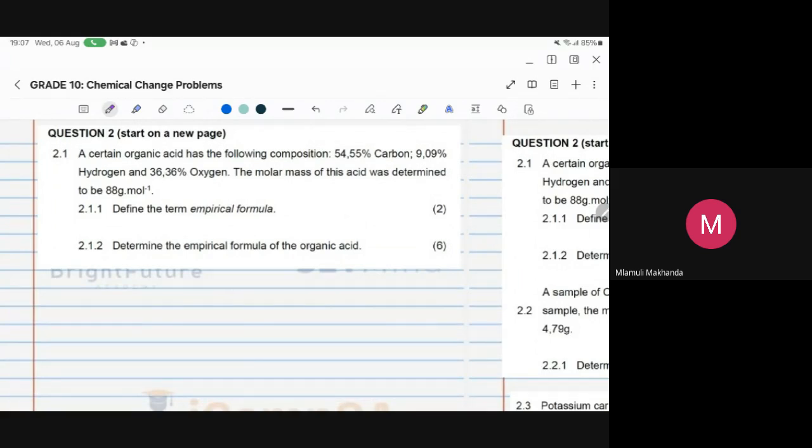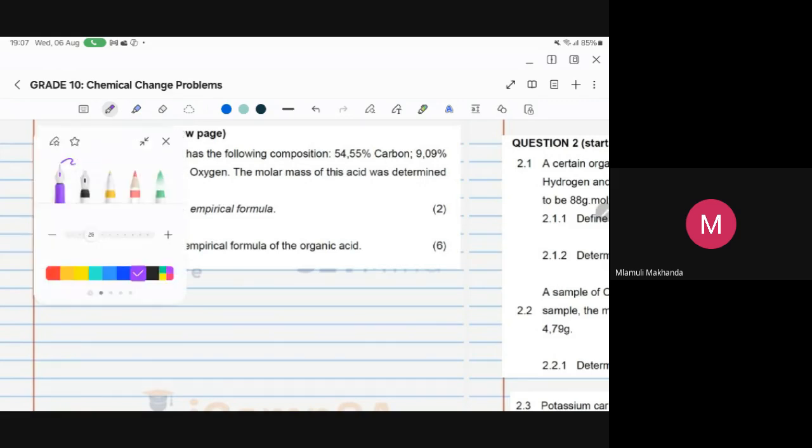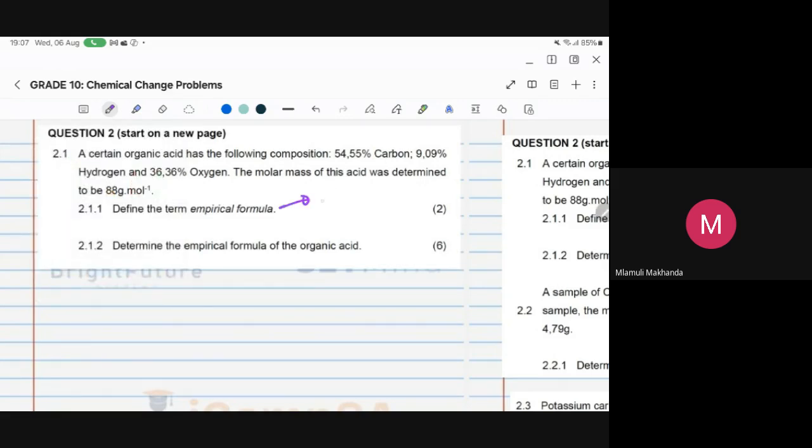So the molar mass of this acid was determined to be that. So this is another example. I just went to a past paper and took all questions that had to do with empirical formula, finding molecular formula, and so on. So we've already defined what the empirical formula is. We won't write this again just to save time. So determine the empirical formula of the organic acid.